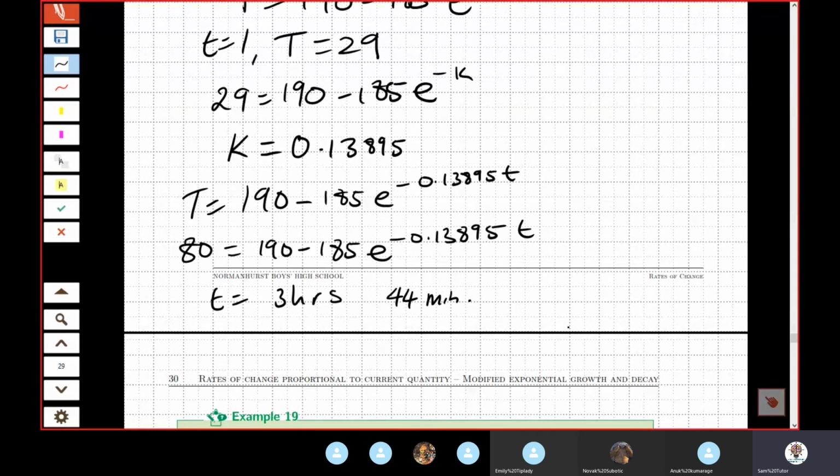The other one, 80 minus 190, divide by negative 185, log it, divide by negative 0.13895. No, didn't matter in this case either. Good.